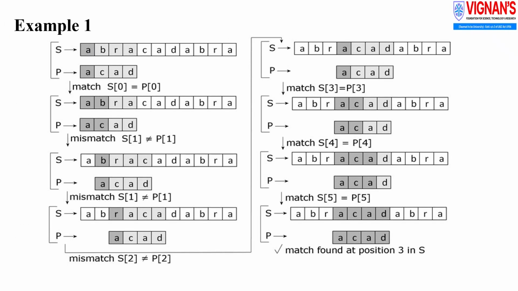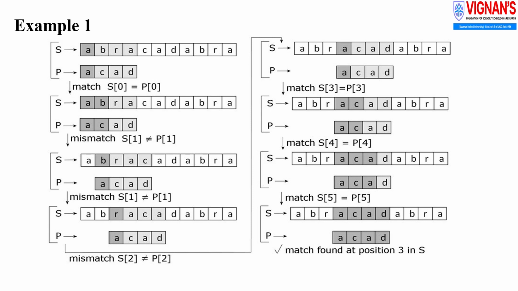In this example, the text string is abracadabra and the pattern is acad. The algorithm starts by aligning the pattern with the beginning of the text. It compares characters one by one from left to right. At the first few positions, mismatches occur, so the pattern is shifted one position to the right each time.